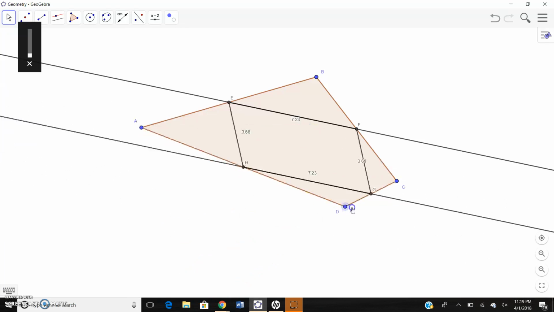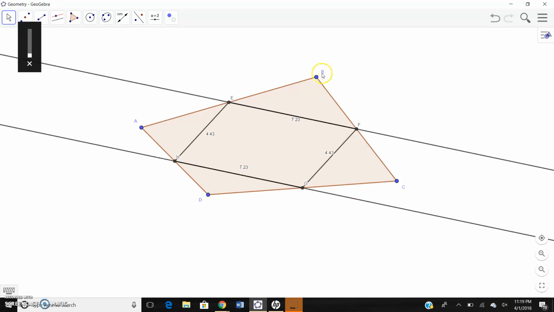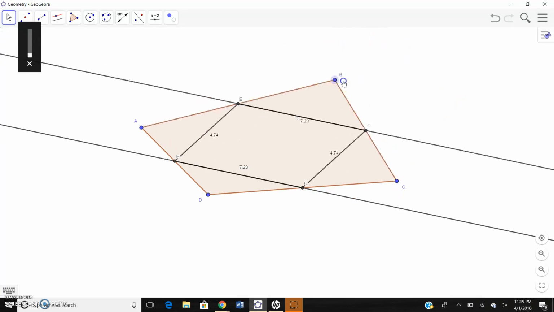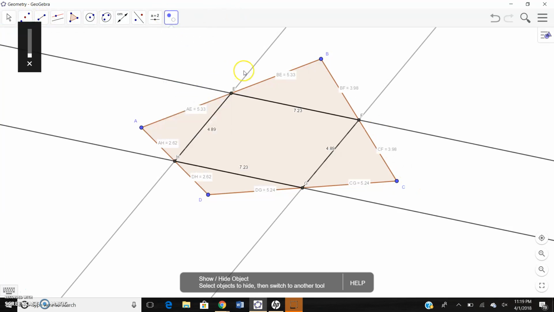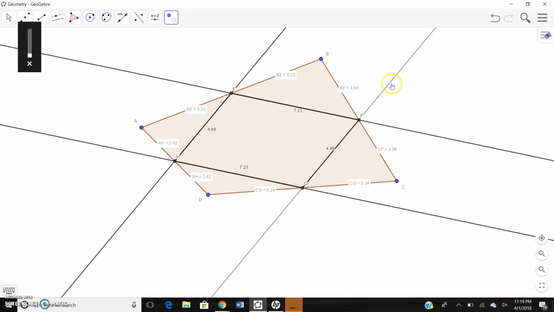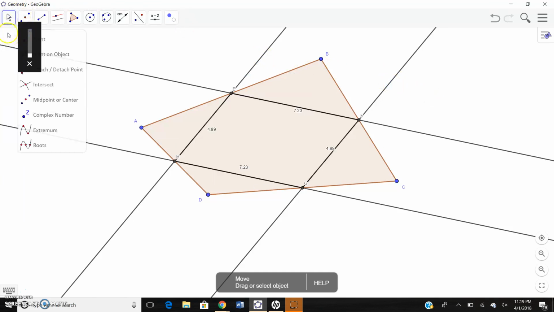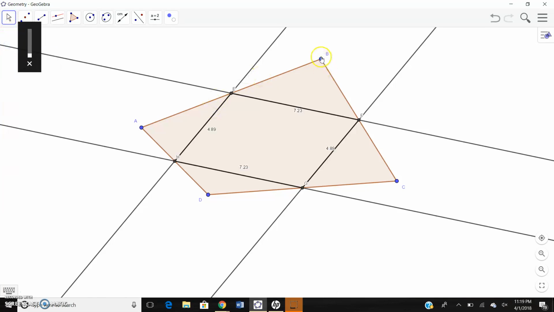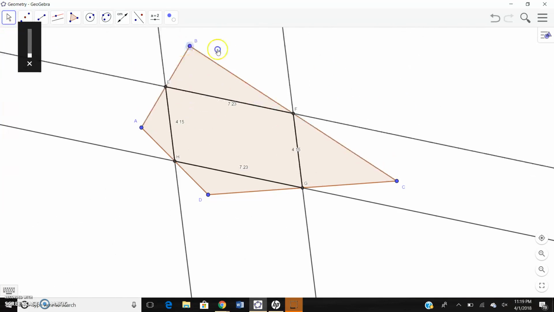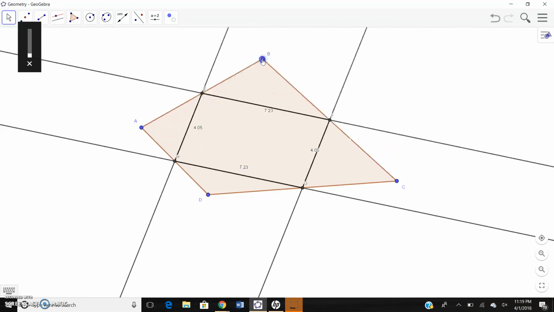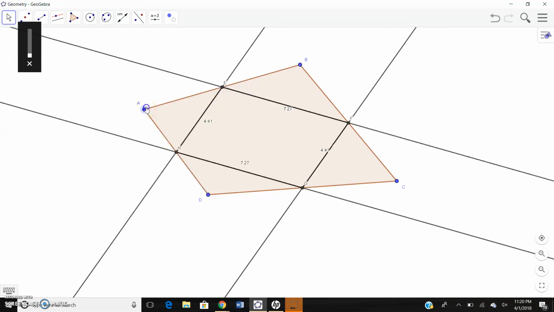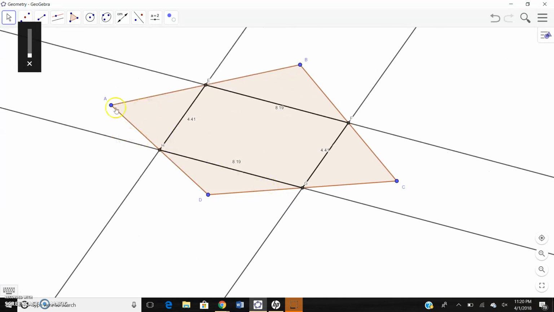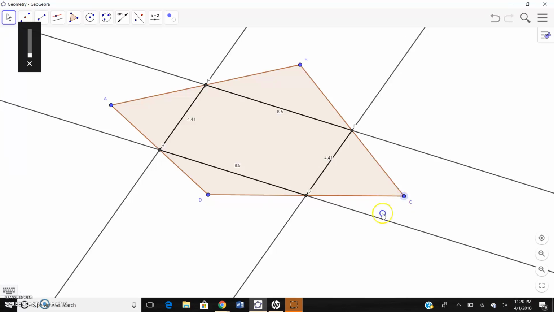No matter how we move these, we are always going to have parallel lines here, and we can put these back. And so we can see all four of our lines, which are passing through all four of our vertices for our quadrilateral all the time. These two lines are parallel, these two lines are parallel, so we have a parallelogram.